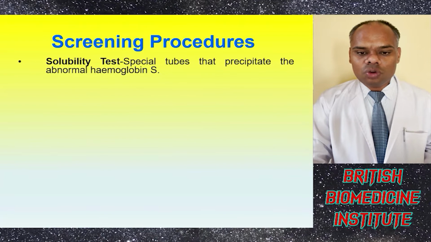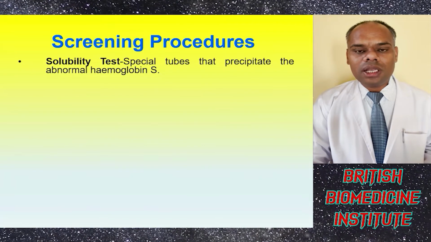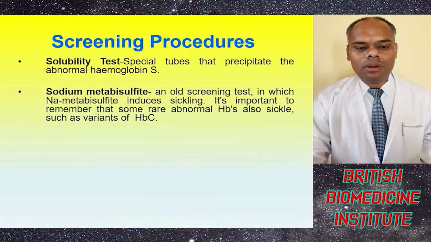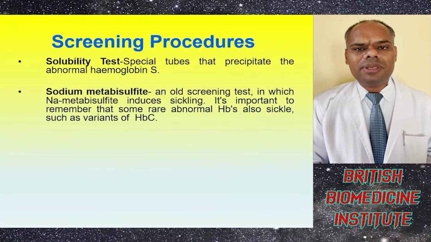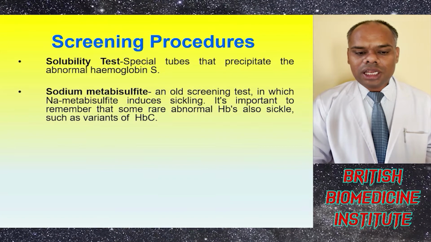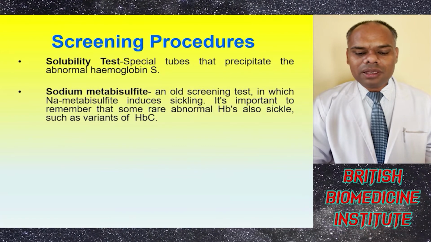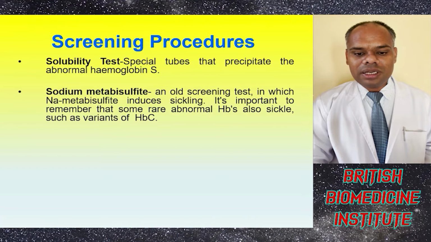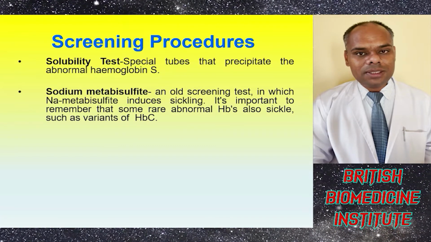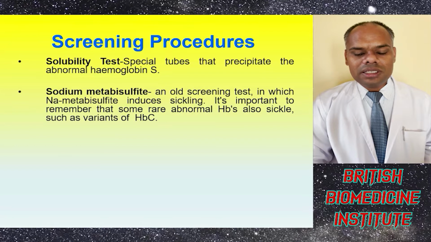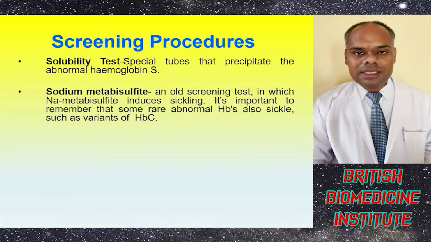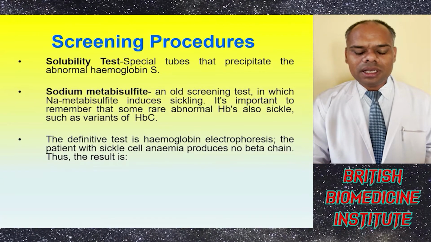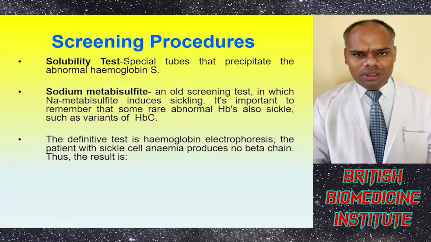These are special tubes that precipitate abnormal hemoglobin S. The sodium metabisulfite test is basically an old screening test in which sodium metabisulfite induces sickling. It's important to remember that some rare abnormal hemoglobins also sickle, such as a variant of HbC. The definitive test is hemoglobin electrophoresis.